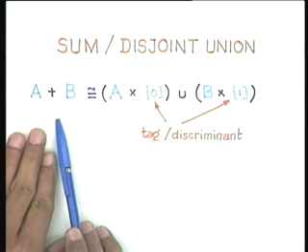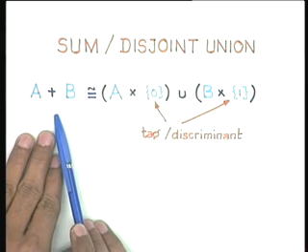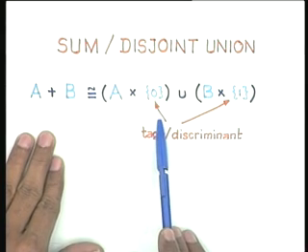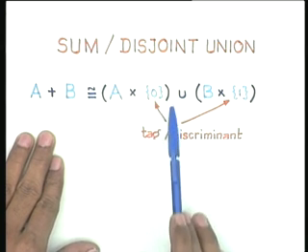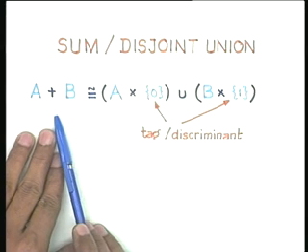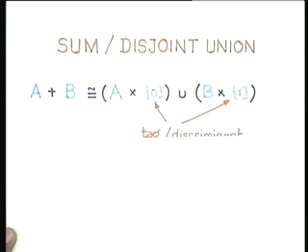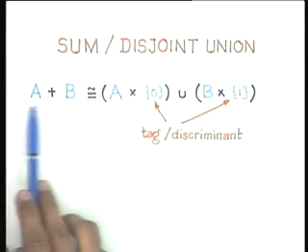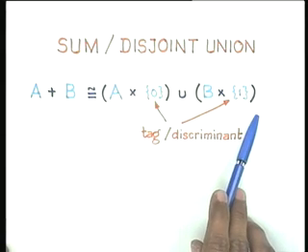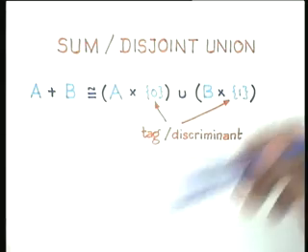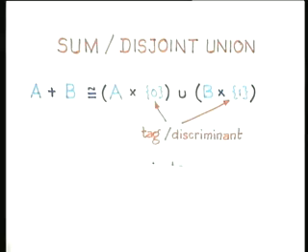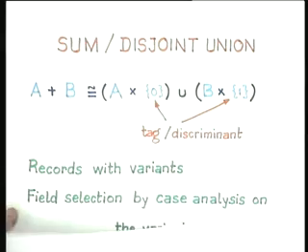There is some logical information in this plus which is made explicit through a tag or a discriminant, and this is really representational rather than logical. However, just as in my past lectures I actually identified this with this, most languages have also identified these two, and they use a tag in some form or the other.